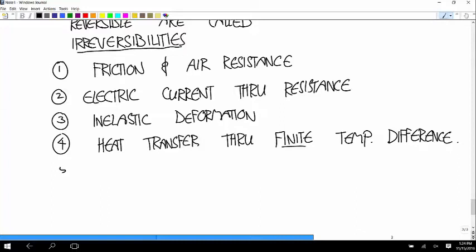The fifth one is unrestrained expansion of a gas.